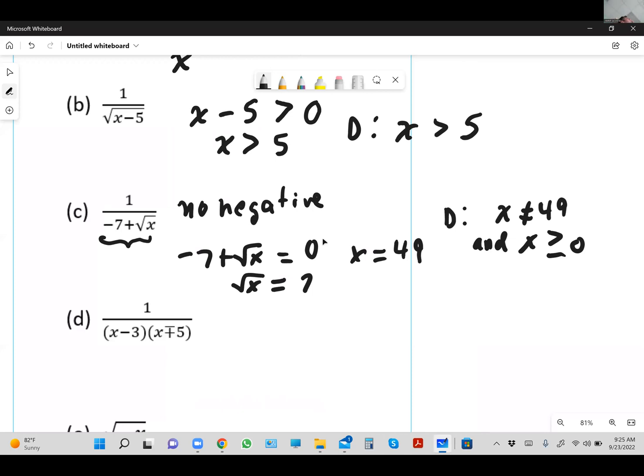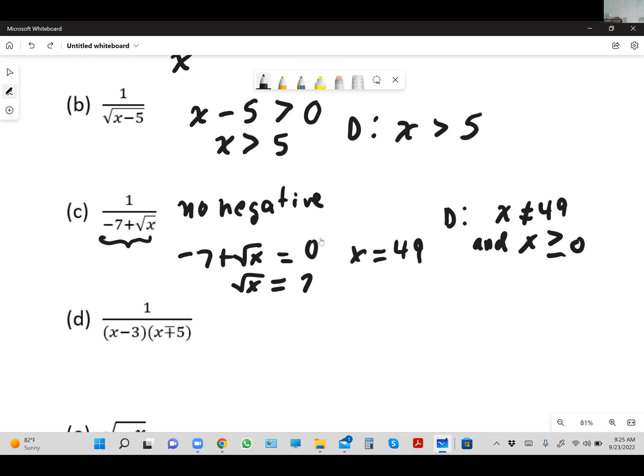Okay, guys, where did I get the 49 from? You see this part here I did? Please be quiet, I'm trying to explain something. Here's my problem: I can't have that denominator come out to 0. But if I take -7 plus square root of x equals 0 and solve it, I add 7 over, so the square root of x equals 7.